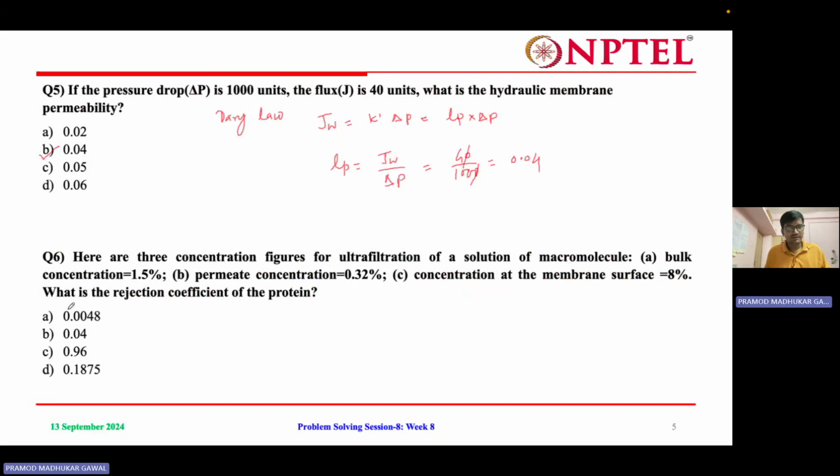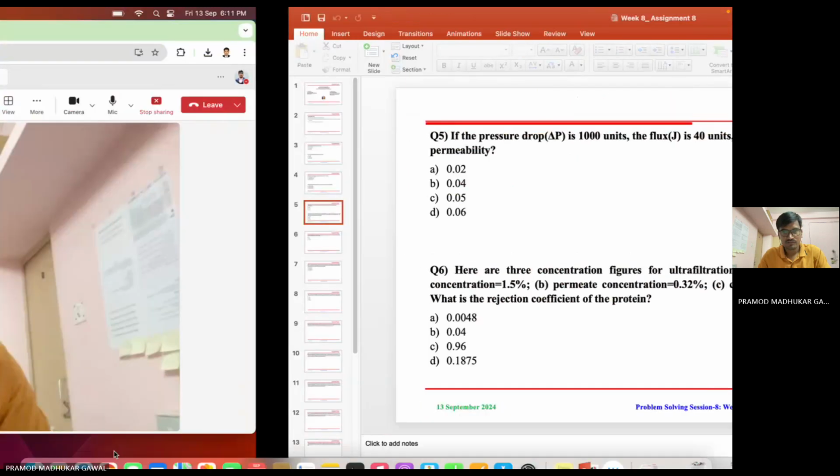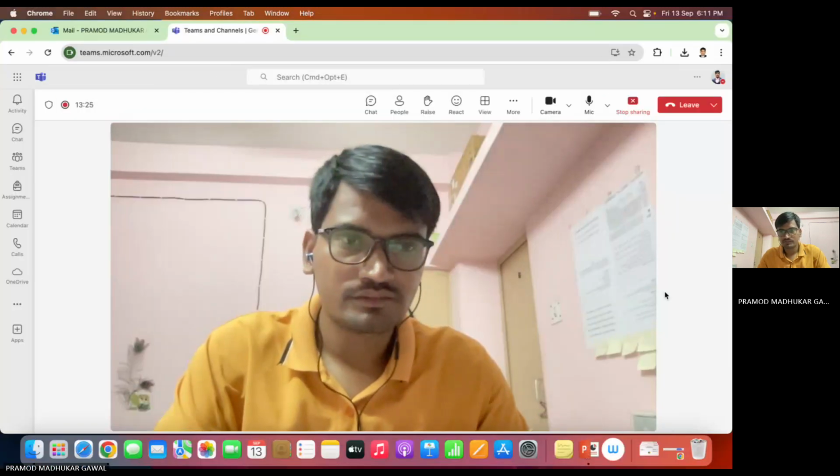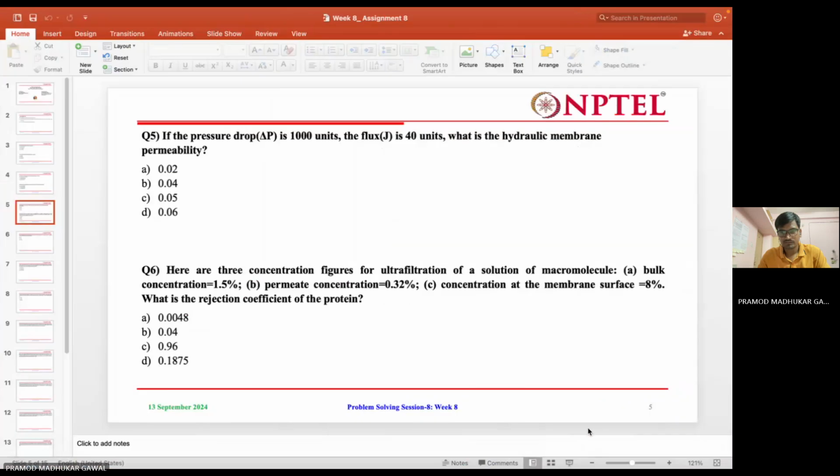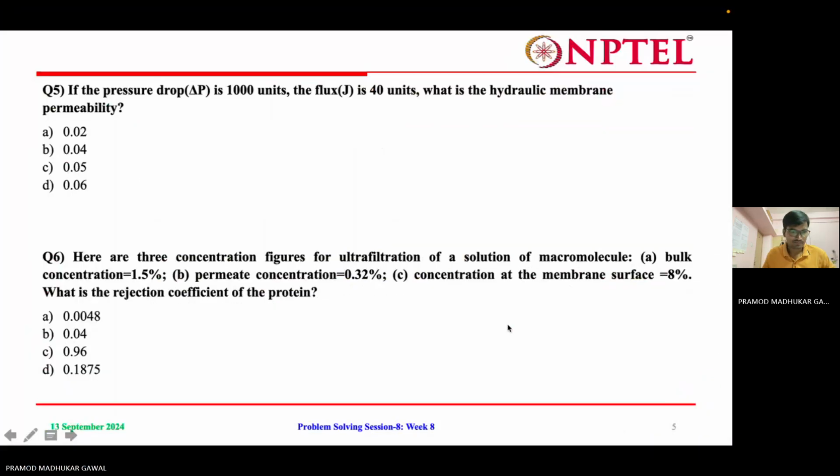Moving to question number 6. Here are the three concentration figures for the ultrafiltration of a solution of macromolecules: bulk concentration 1.5%, permeate concentration 0.32%, concentration at the membrane surface 8%. What is the rejection coefficient?